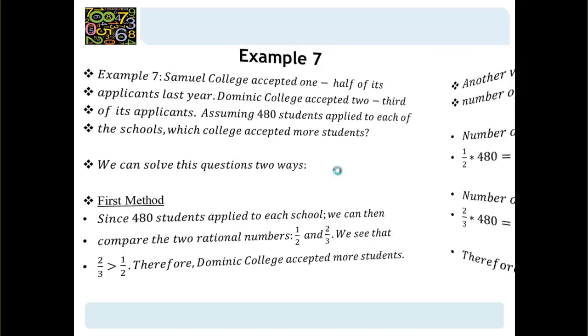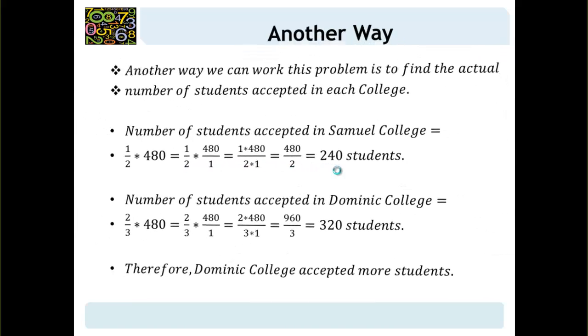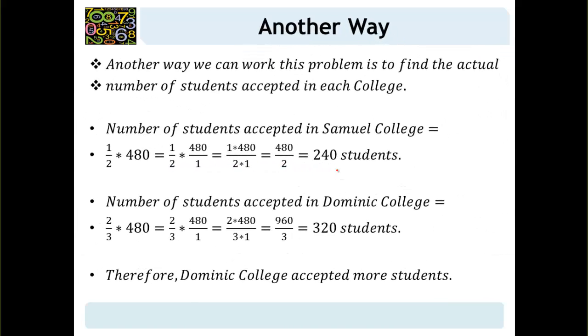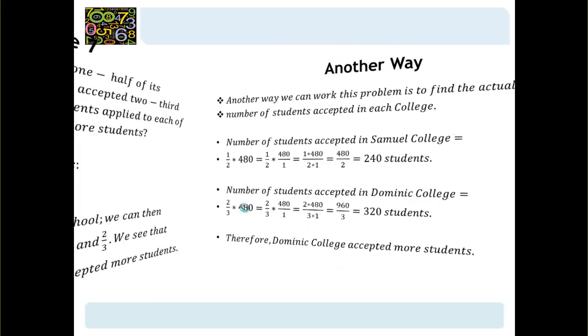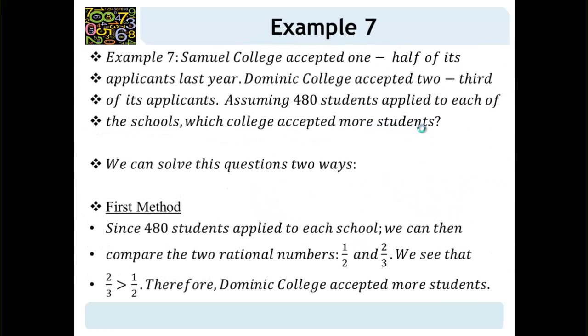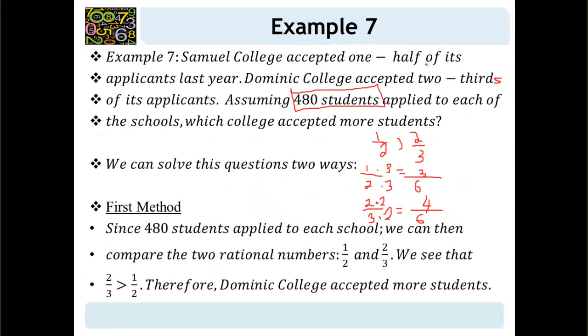Another way we can look at this is to find the actual number of students in each college. If we go back to the question again, accepted 1/2 of his applicants, accepted 2/3 of his applicants. This "of" means multiply.